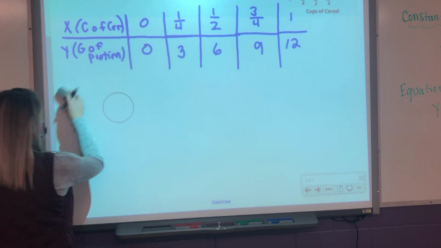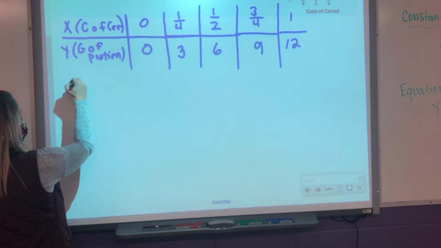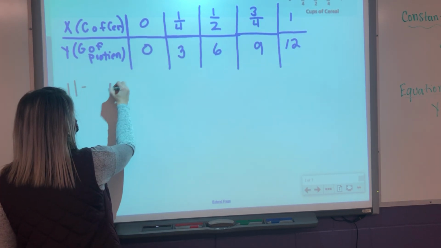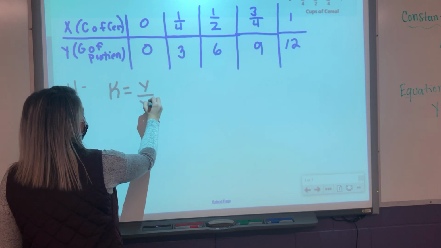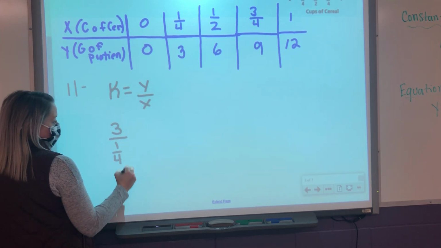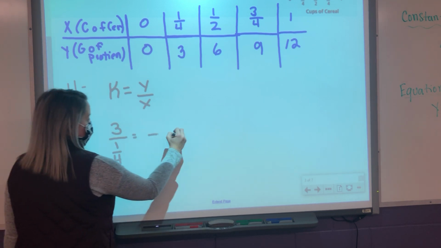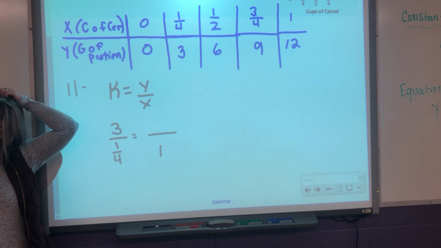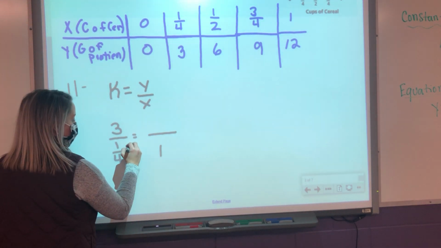K equals, so our first one is 3 over 1/4. How do I get from 1/4 to 1? Okay, so divide.